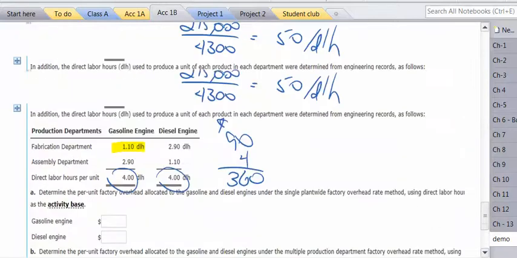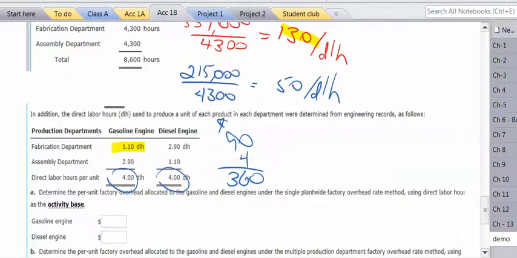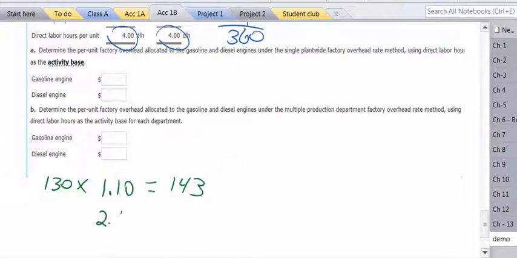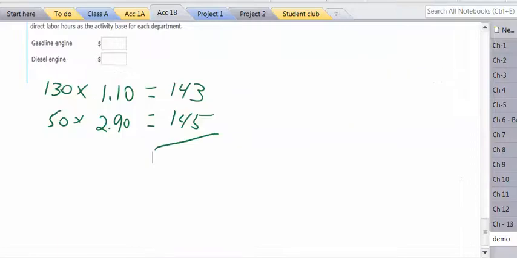I also have to calculate it based on the assembly department. That's $50, and we're using 2.9 hours. So 2.9 times $50 equals $145. So my total for the gasoline engine is going to be $288.